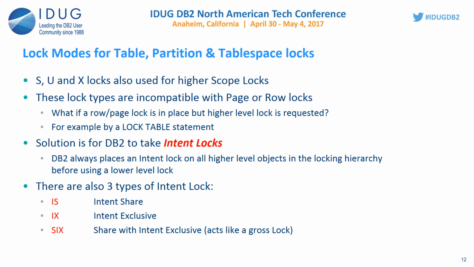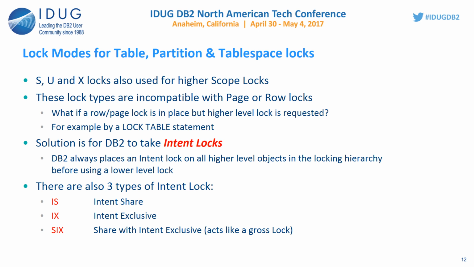Okay? So how do you get one? Well, what you do is you take an IX lock and then issue a lock table for share. So you've got a page or a row lock locked out at the exclusive level.